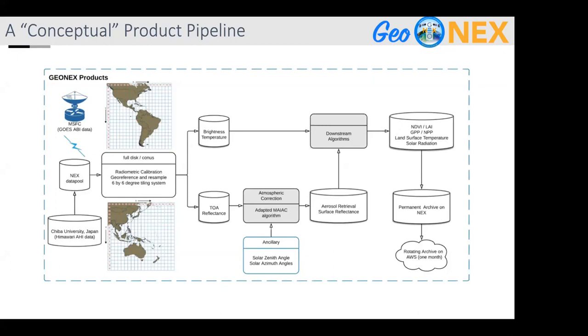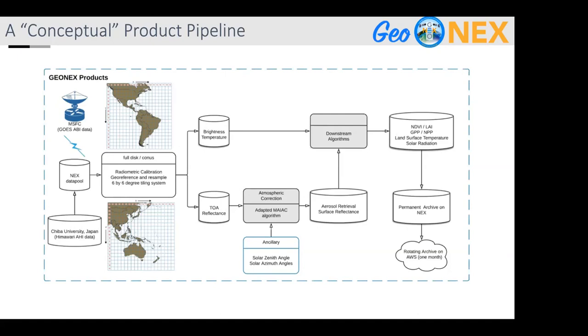Okay, with that, L1G has the TOA, top of atmosphere reflectances and brightness temperature. So we take those and do atmospheric correction using the MAIAC algorithm and try to generate level 2 surface reflectance products. Those can go into downstream algorithms to generate level 3 or 4 application data like NDVI, LAI, GPP, NPP, those things.